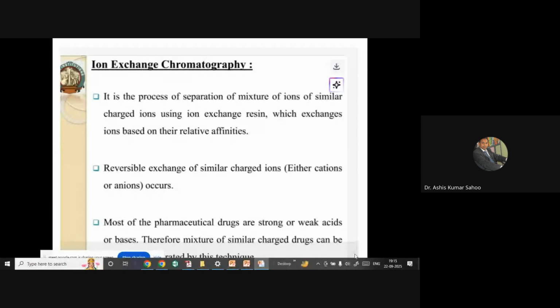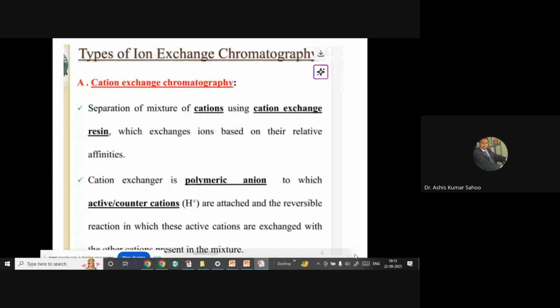Reversible action with similar charge ions, either cation or anion. Most of the pharmaceutical drugs are weak acids. Therefore, a mixture of similar charge drugs can be separated.